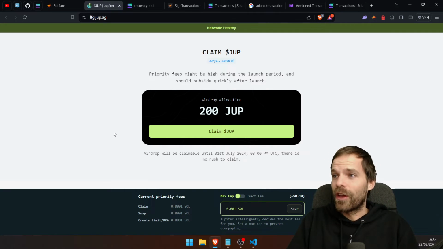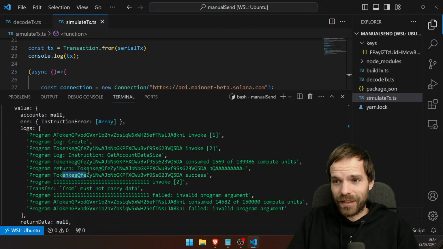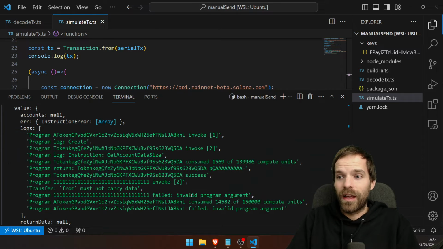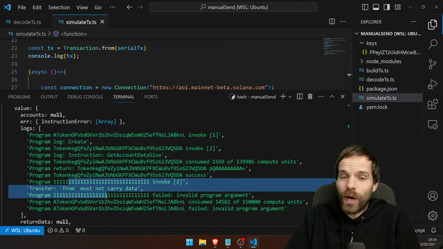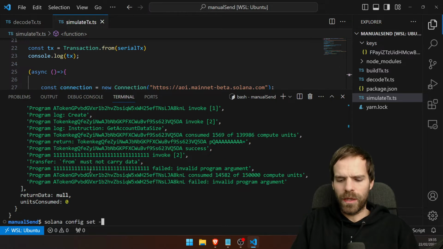You'll figure it out. What we need to do here is help that ATA creation with the associated token program such that hopefully we get around this, because that's where it fails. If the system program needs to transfer, your transaction will fail. Solana config set my key pair to keys fee payer.